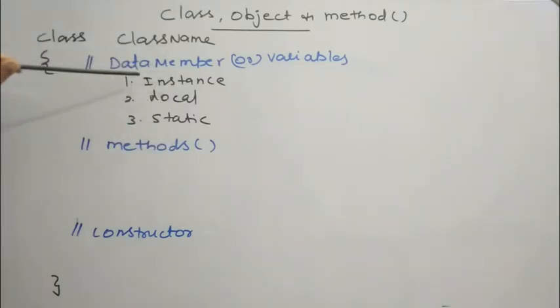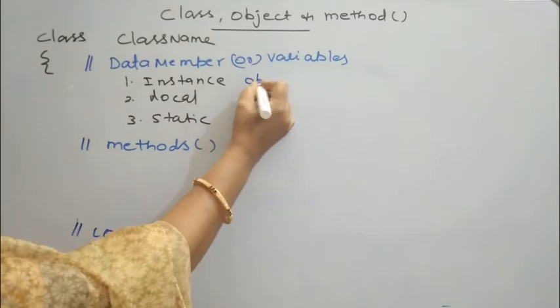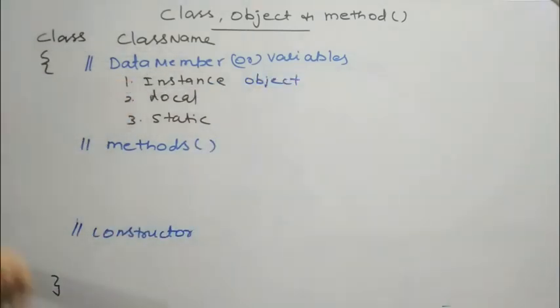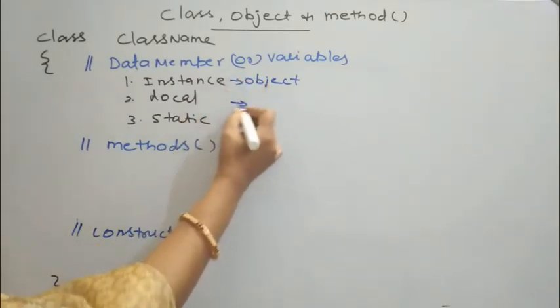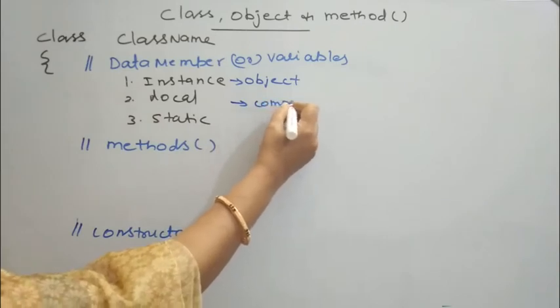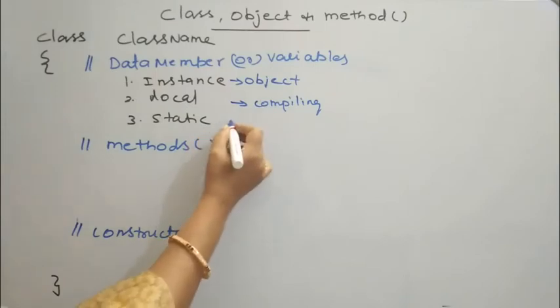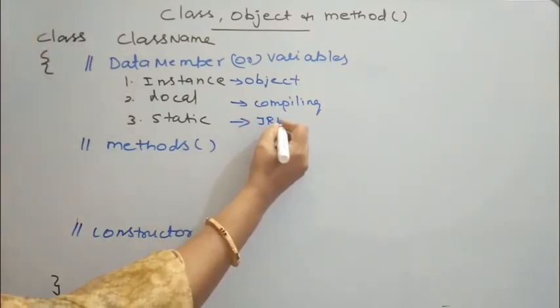An instance variable will be allocated memory when the object is created, when the objects are instantiated. A local variable will be allocated memory when we are compiling our Java file. A static variable will be allocated memory when the bytecode of our Java file is being executed by the Java runtime environment.